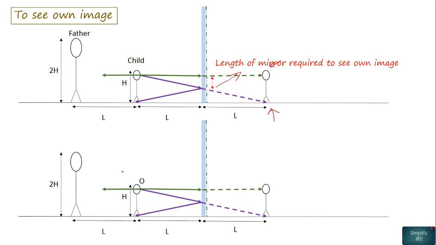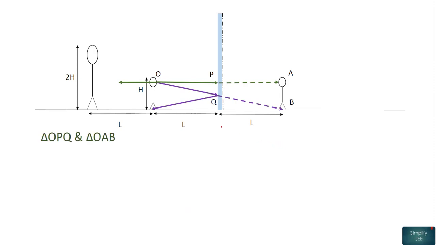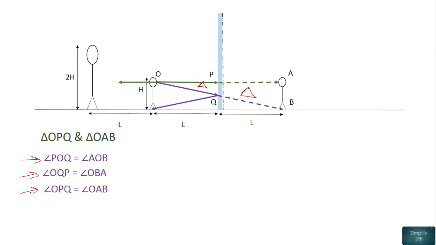Point O is the point of observation, point P is where the first incident ray meets the mirror, point Q is where the second incident ray meets the mirror, point A is the top of the image, and point B is the bottom of the image. Now in this figure, if I see triangle OPQ and the bigger triangle OAB, then we have angle POQ equal to angle AOB, angle OQP equal to angle OBA, and angle OPQ equal to angle OAB.